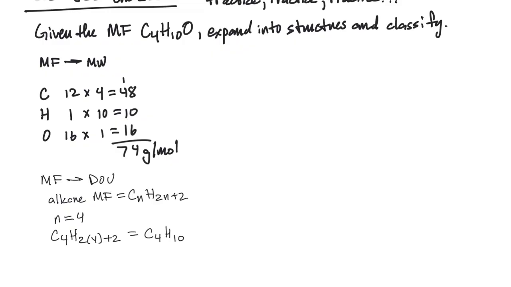And as we can see from our given molecular formula, C4H10O, that's the maximum number of hydrogens there. Because that's the max, that tells us there are no degrees of unsaturation.